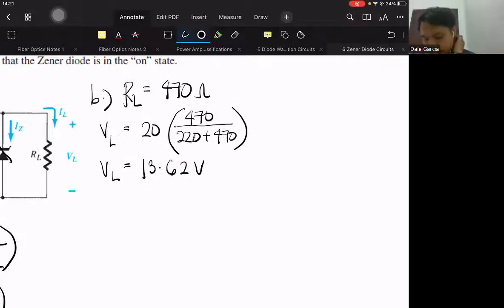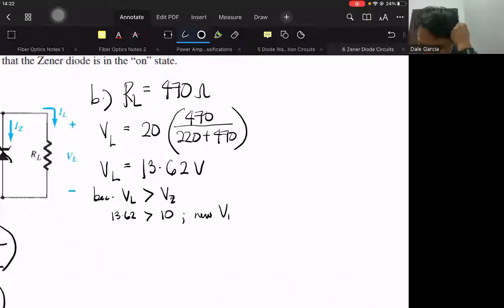volts, which is case B, where VL is greater than VZ, or 13.62 is greater than 10 volts. Therefore, the new VL is equal to 10 volts.